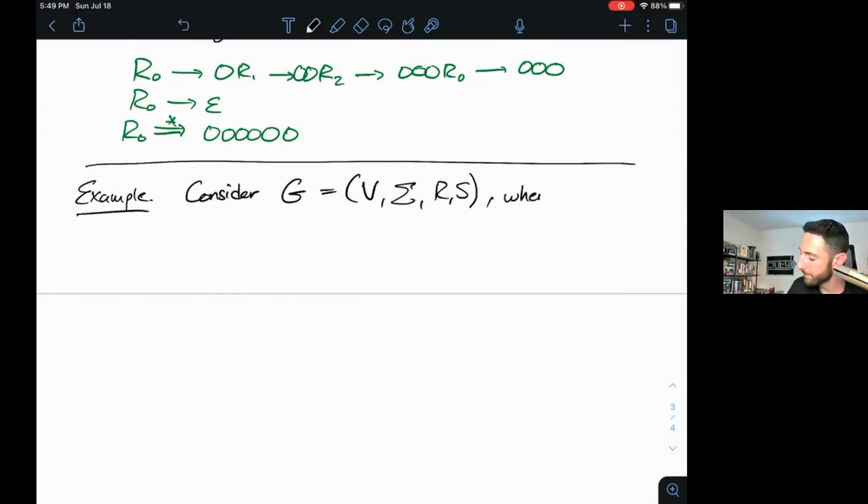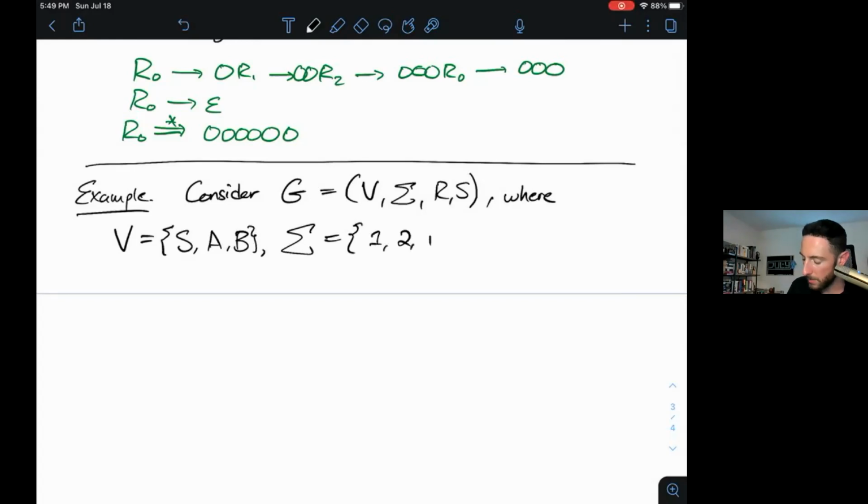And we'll say the variable set is S, which we'll use as our start variable, A and B. The set of terminals contains 1, 2, plus, and equals. These are just symbols.